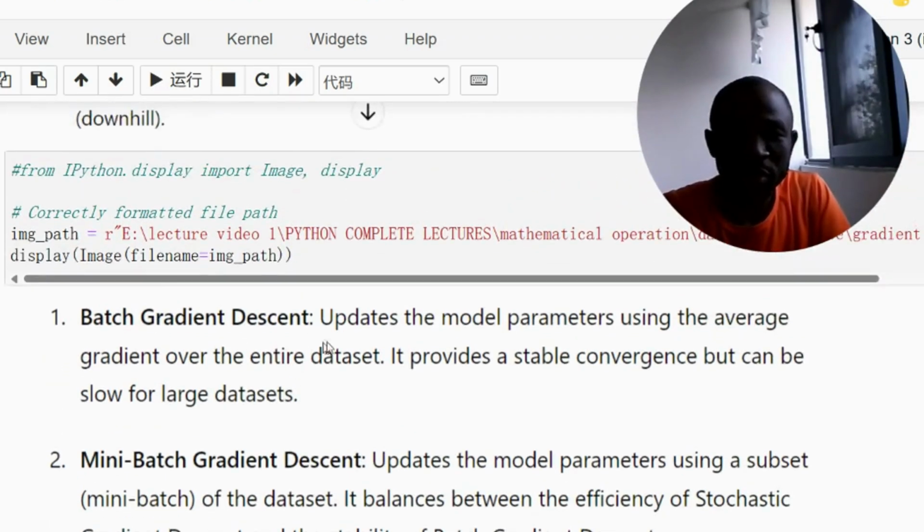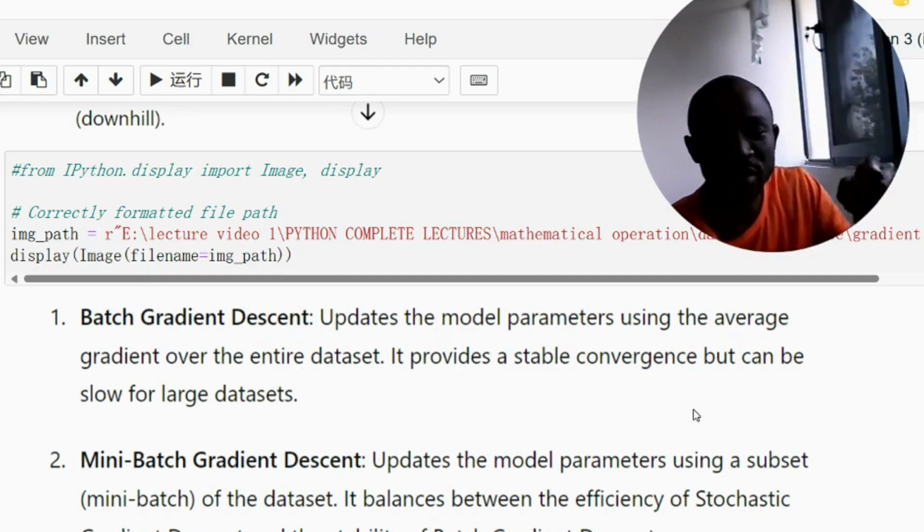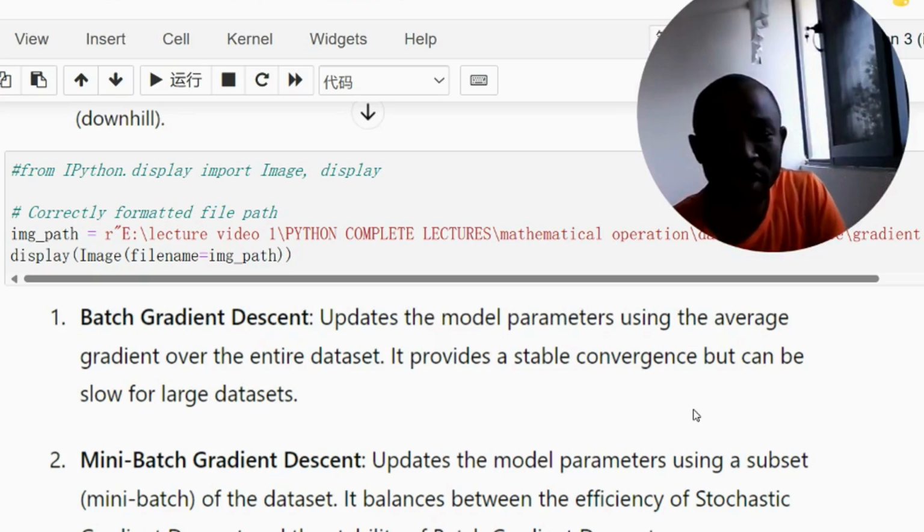Now let us define each. Batch gradient descent updates the model parameters using the average gradient over the entire data set. Take note about the entire data set. It provides stable convergence, but can be slow for large data sets, and it uses all the data set in order to run the program.